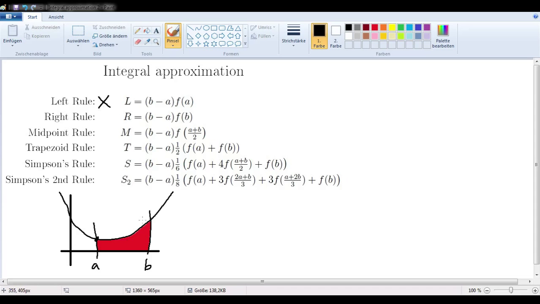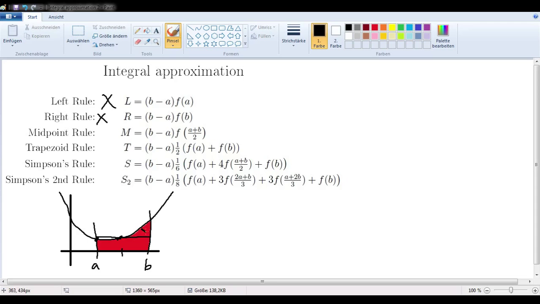If we take the right rule, we take this point and then we take the area of this shape, which quite obviously is way more than we would have needed, so that's also not going to give us an exact answer. So neither one of those works. Let's take the midpoint rule. The midpoint should be somewhere around here probably. And then we have this and this.